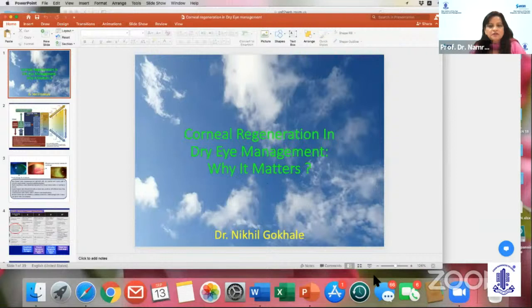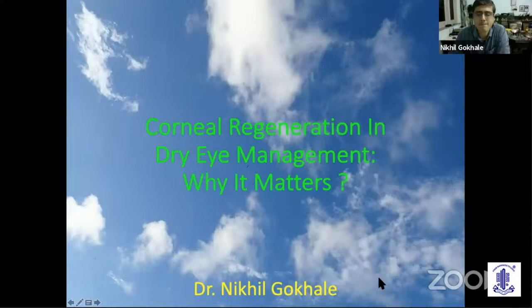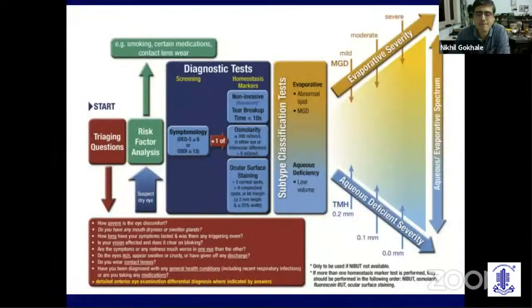I was a little puzzled initially when I got this topic of regeneration. But then I tried to look up what is expected. As we just had very good talks by Dr. Srinivas, Dr. Yokoi and Himanshu, we realize that ocular staining is very essential when we look at diagnosis of dry eye.